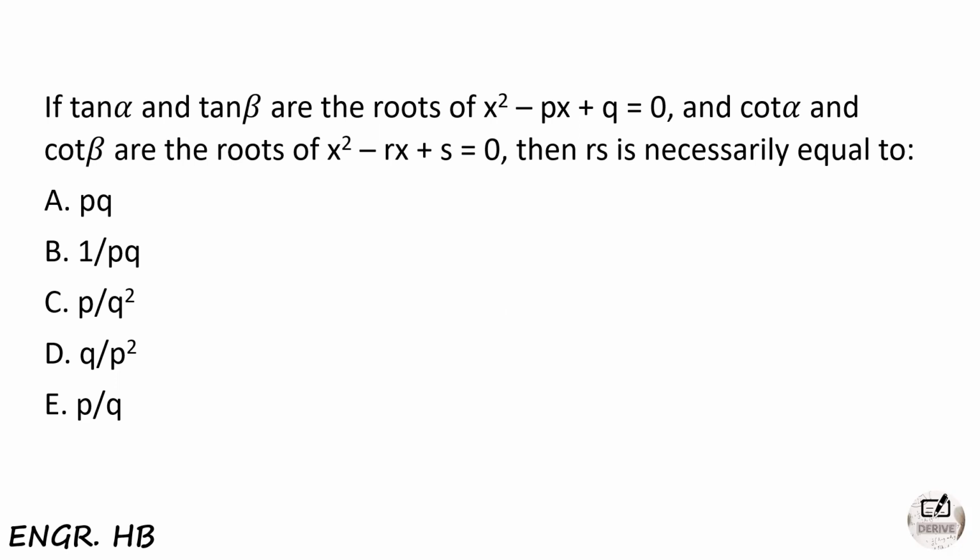This is the question: if tangent alpha and tangent beta are the roots of x squared minus px plus q is equal to 0, and cotangent alpha and cotangent beta are the roots of x squared minus rx plus s is equal to 0, then rs is necessarily equal to... The question is looking for the product of r and s, which can be simplified to one of the multiple choices in terms of p and q. Okay, so let's solve this.